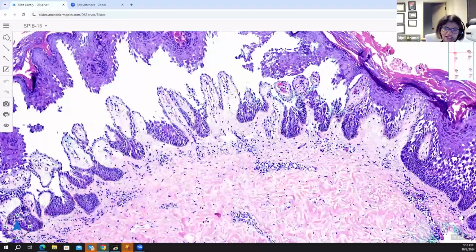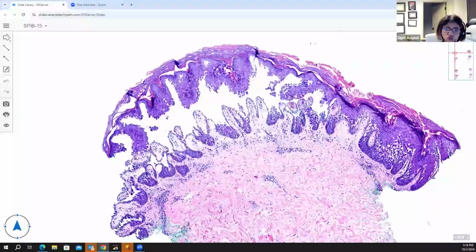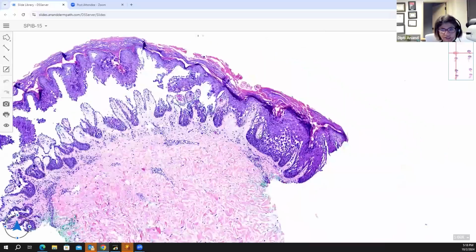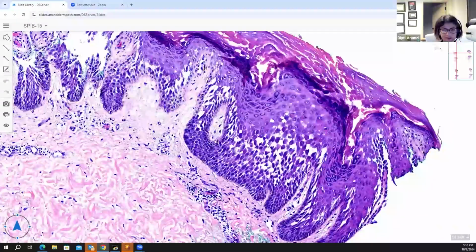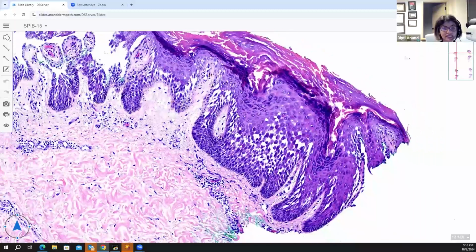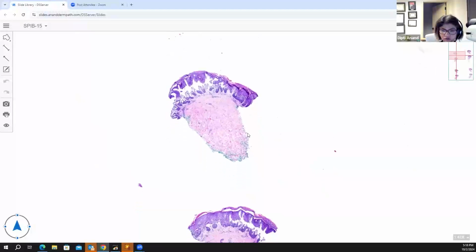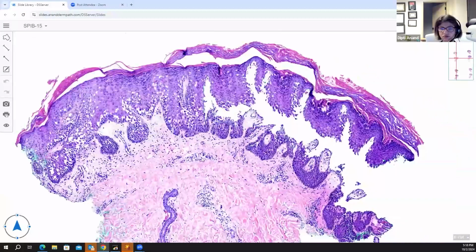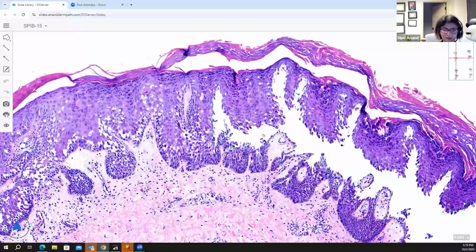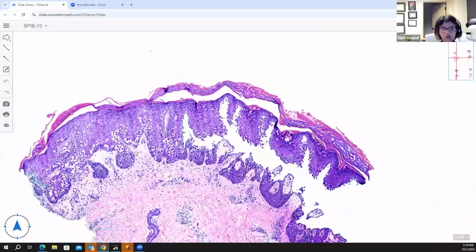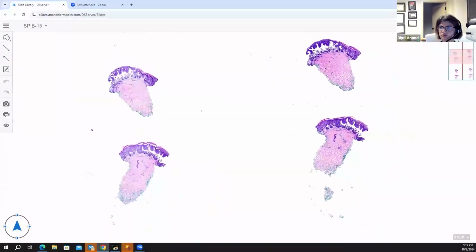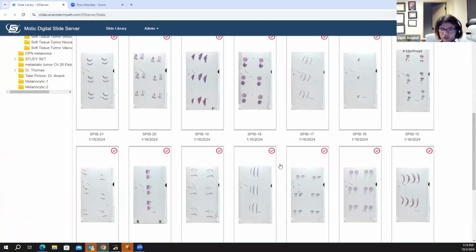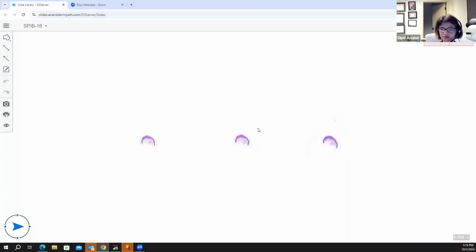If you just had this, you would be like, okay, could this be pemphigus vulgaris? But you have this, which is your beautiful dilapidated brick wall, which is incomplete acantholysis. So this is very classic for Hailey-Hailey disease. This pattern. Good. Let's go to the next one, which is your slide 16.